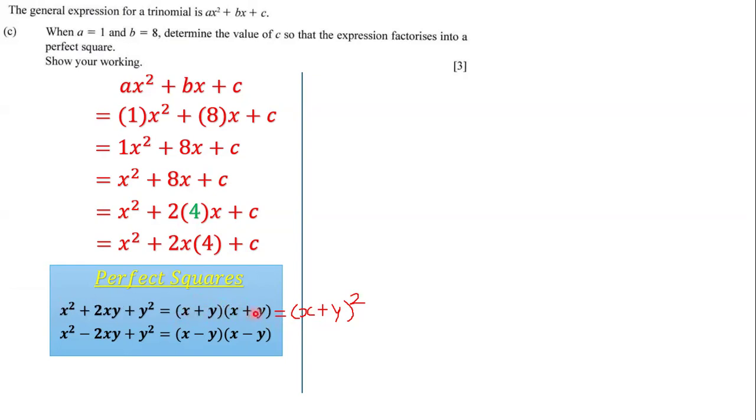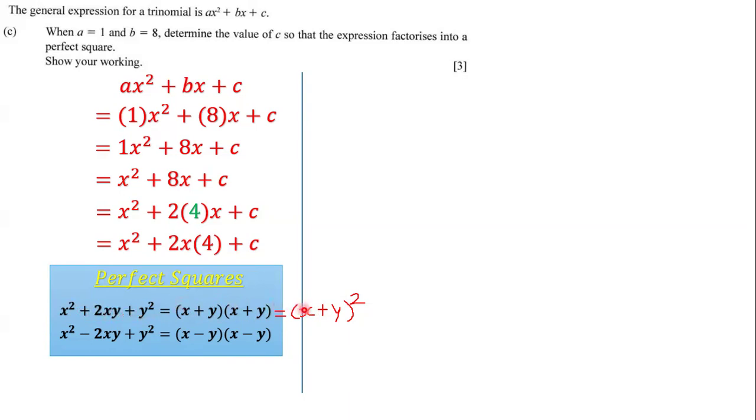What is the formula for x plus y squared? Well, x plus y squared is equal to x plus y times x plus y. The formula is telling us that if we have x plus y squared, then that's equal to x plus y times x plus y, which is equal to x squared plus 2xy plus y squared.